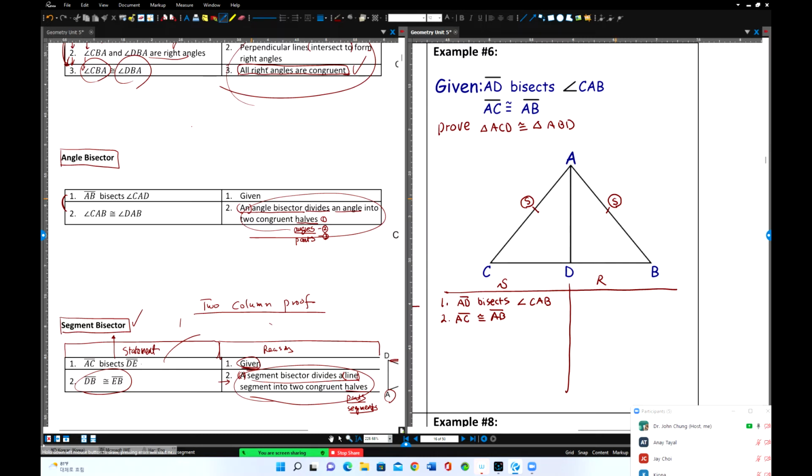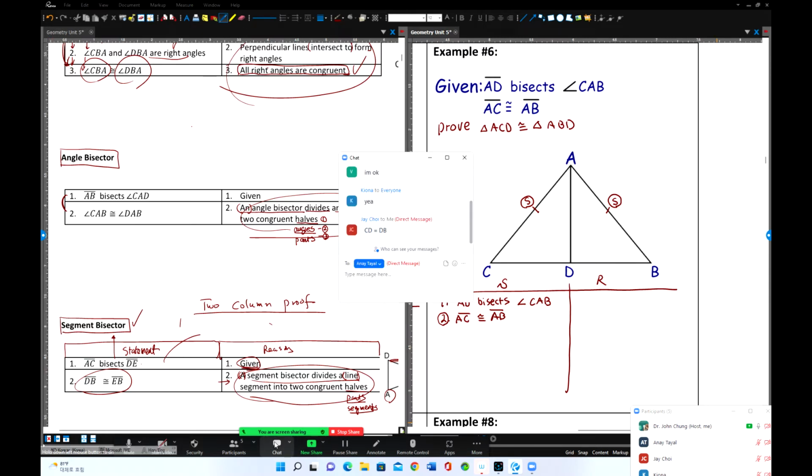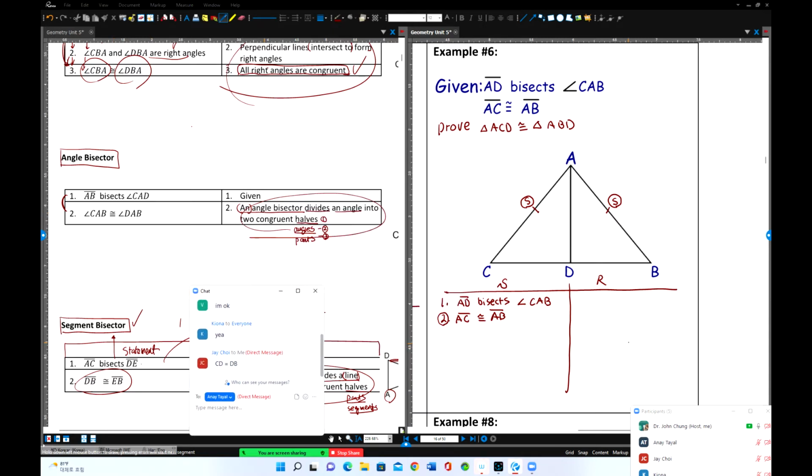Okay? This already we got. I'm done. This is done. Okay, I got the CD and DB. Perfect. Very good. Given. This is given.